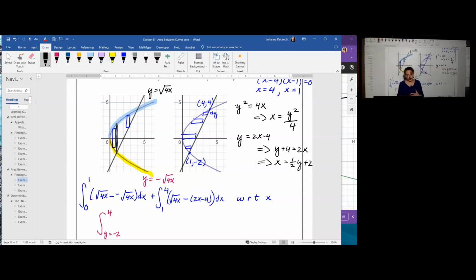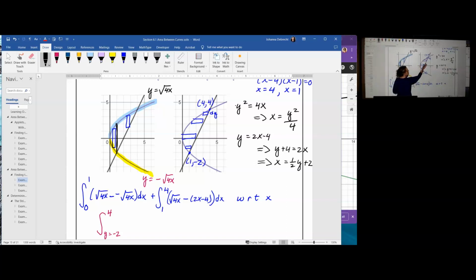Now that I have them written in terms of y, I need to remember which one's on the left and which one's on the right. The one to the right has more area between it and the y-axis, so it's greater. And the one on the left has less area between it and the y-axis, so it's smaller.